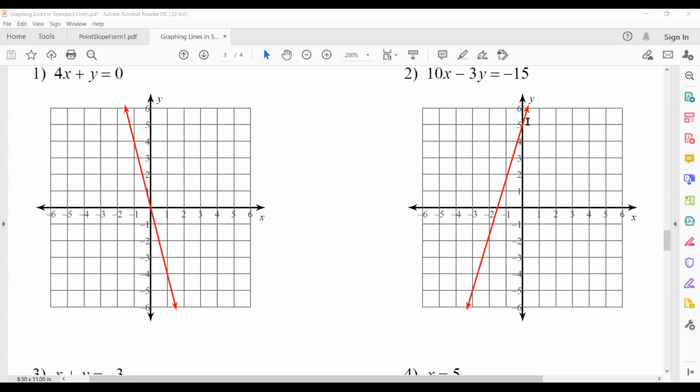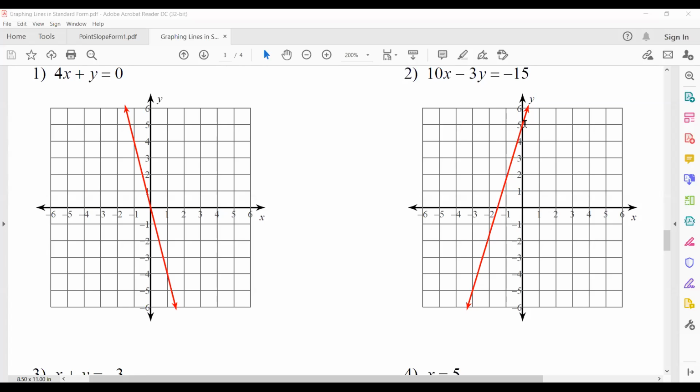Now, if I've done that correctly, it all should match up on the graph itself. Okay, there's the y-intercept. 0 left and right, 5 straight up on the y-axis right here. The x-intercept, I pointed that out earlier, is kind of halfway between -1 and -2.